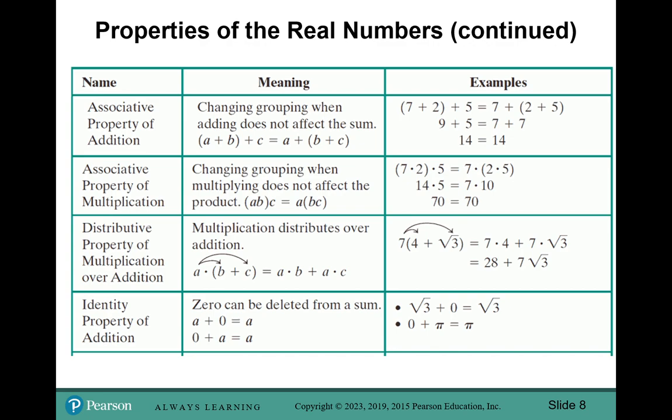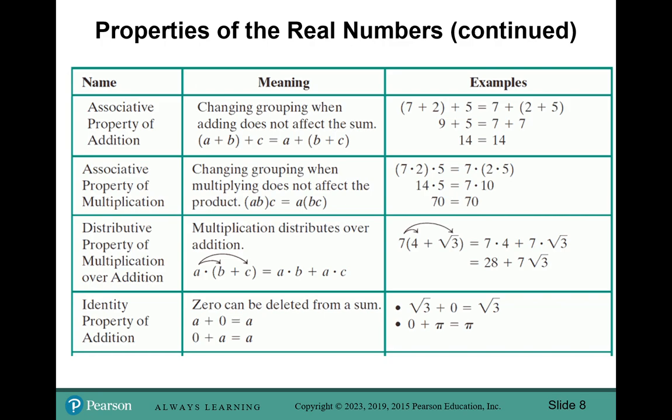Next, we have the associative property of addition. Changing grouping when adding does not affect the sum. So (A plus B) plus C is the same thing as A plus (B plus C). The grouping does not matter with addition. You can group the first two terms or the last two terms.